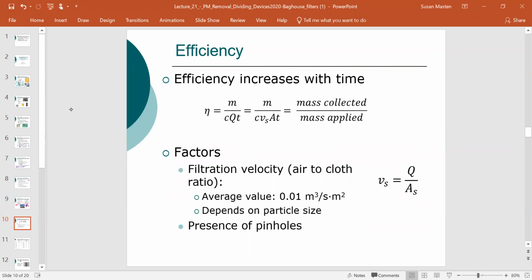Now, when we talk about efficiency, there are a number of things we need to think about. One is that the efficiency increases with time. The reason that happens is, thinking back, here's our filter material.